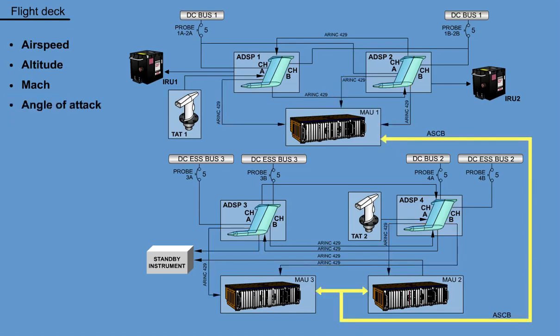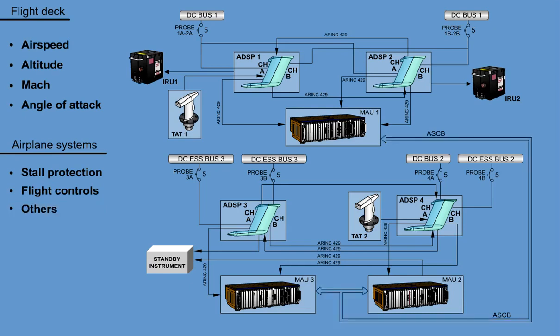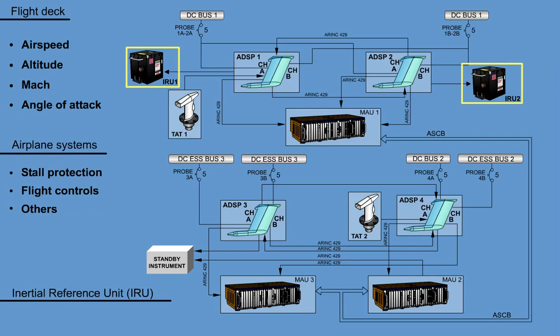The ADA corrects the local air data values received from the air data system. This air data information is also sent to airplane systems that require air data input, such as stall protection, flight controls, and others. The Micro Inertial Reference Unit, IRU, uses air data to calculate wind-related parameters.